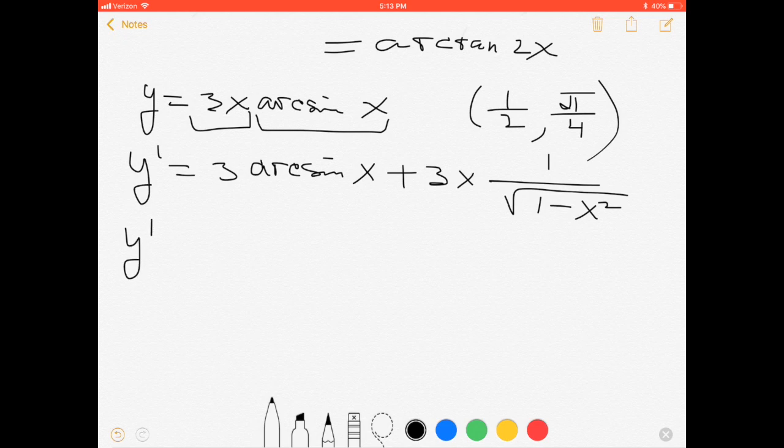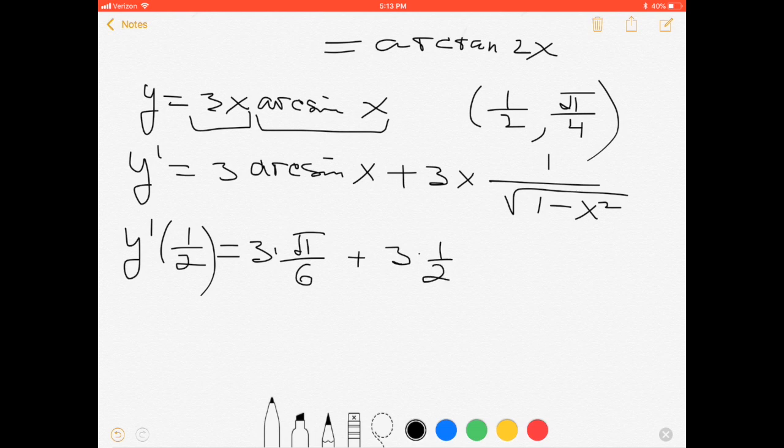Plugging in 1/2, we have arcsine 1/2, which is pi over 6. This means you have 3 times pi over 6 plus 3 times 1/2 over square root of 1 minus 1/4.